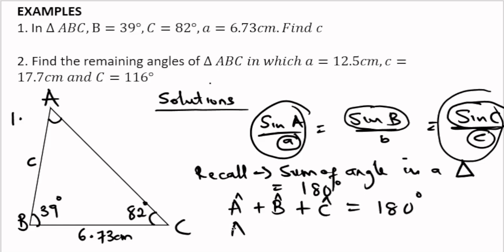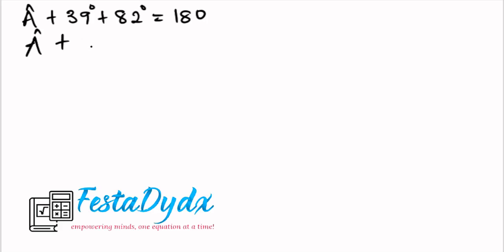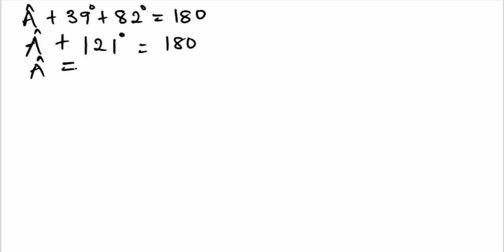Angle A is what we are looking for, plus angle B is 39 degrees, plus 82 degrees, equals 180. So angle A plus 39 plus 82 will have 121 degrees equals 180. On collecting like terms, angle A equals 180 minus 121 degrees. Angle A is equal to 59 degrees.